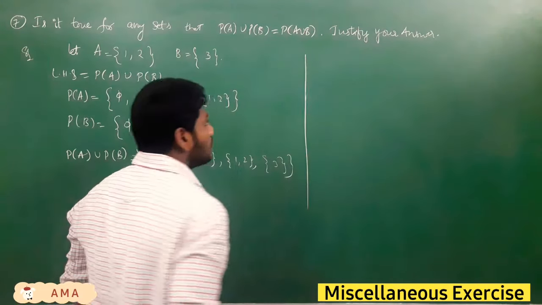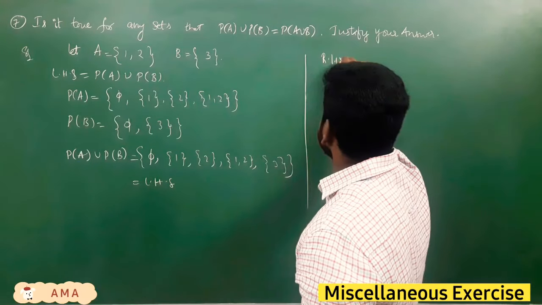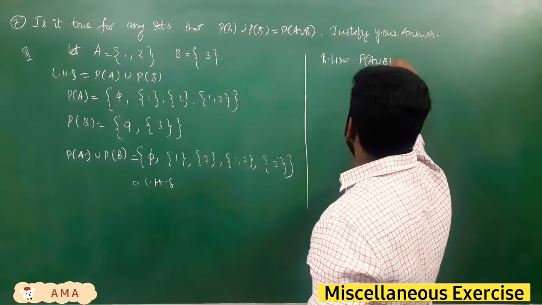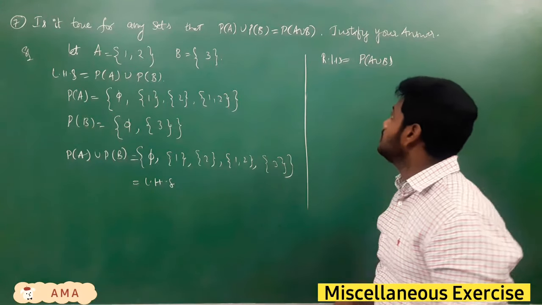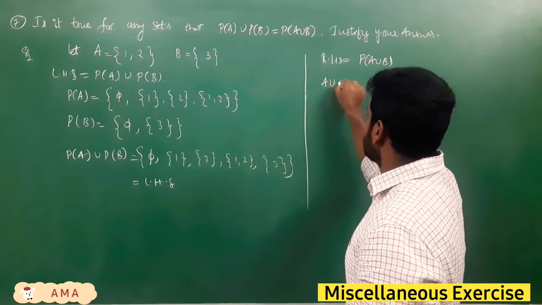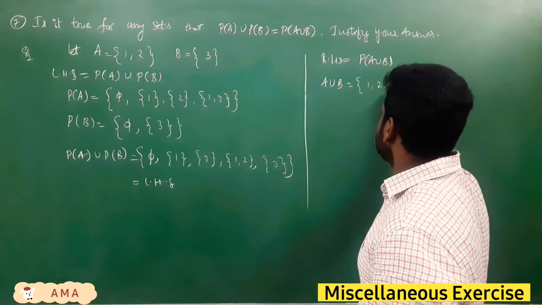Now, when it comes to RHS, what is RHS? RHS part is P of A union B, power set of A union B. Before finding power set of A union B, first we need to find A union B. What is A union B from that? 1 comma 2 comma 3, right or not?